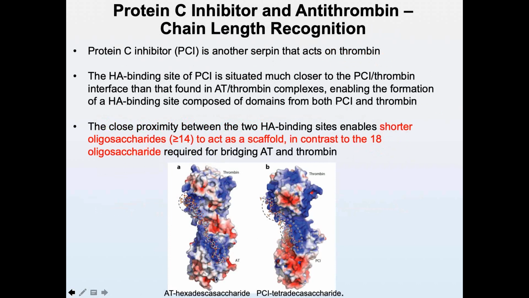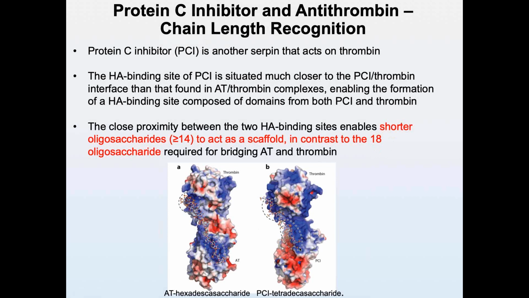If you look at the interaction between thrombin and antithrombin, the active site or the binding site overlap each other. Okay. However, they are far apart. Okay. That's about 18 angstrom apart. Now, if you look at the thrombin and protein C inhibitor, they are very close. Okay.